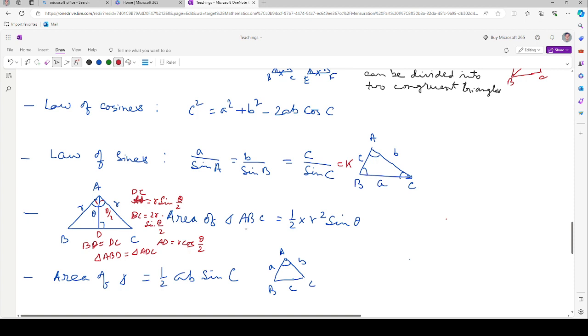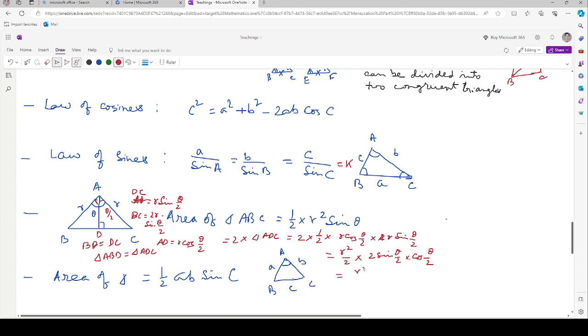So the area of triangle ABC equals 2 into triangle ADC, equals 2 into half into base 2r sine theta by 2 and height r cos theta by 2, equals r square by 2 into 2 sine theta by 2 into cos theta by 2.